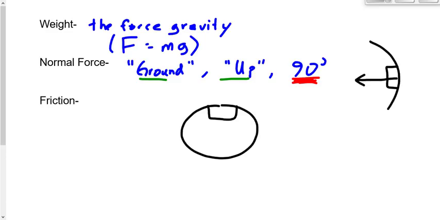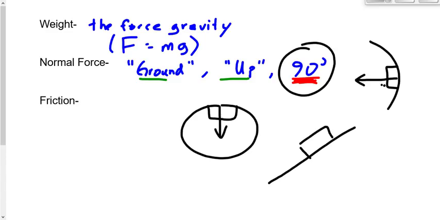All right, if you're in an upside down roller coaster, the normal force provided by the track would actually be down. See, it's usually up, but sometimes it's horizontal or sometimes it's even downwards. But it's always at 90 degrees. Even when it's horizontal like this, or downwards like this, or at an angle like this, it's always 90 degrees to the surface.